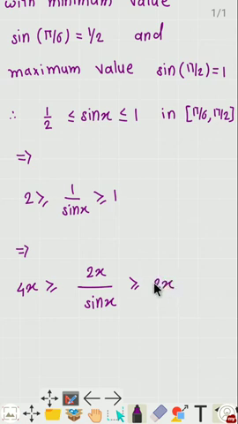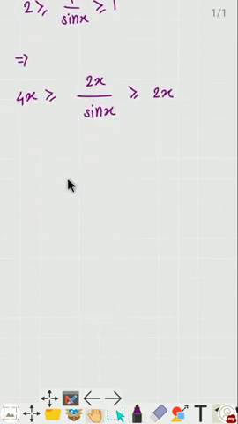Now integrate this inequality over pi by 6 to pi by 2.